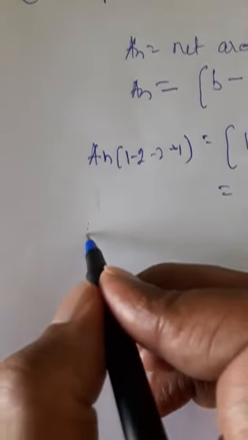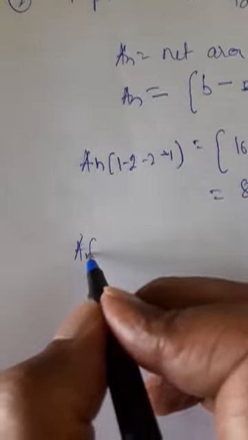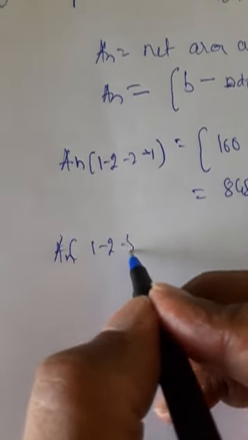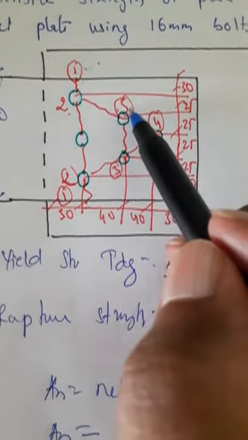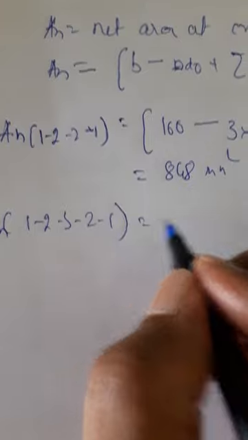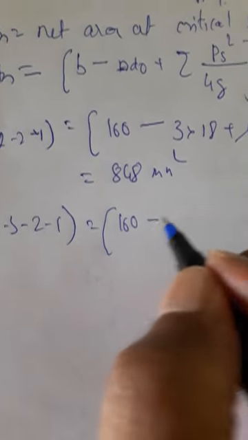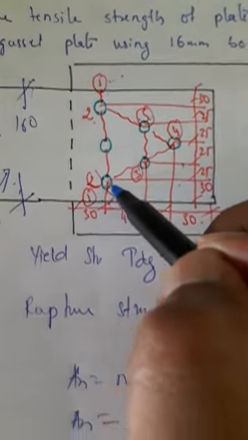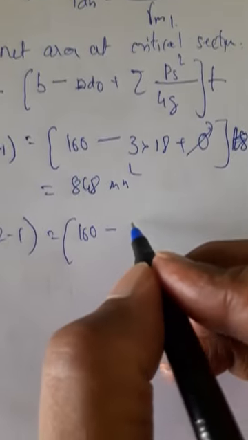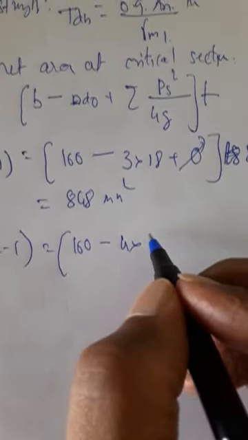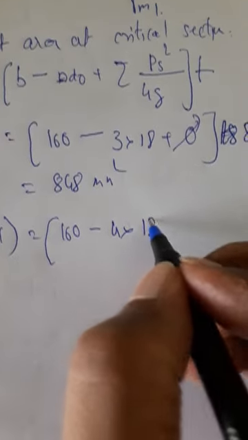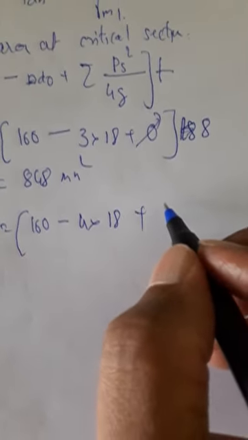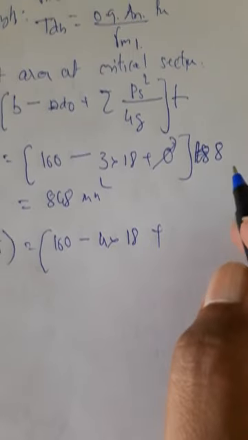Next, AN for 1, 3, 3, 2, 1. A section like this. So here B 160 minus N, number of bolt holes 1, 2, 3, 4, so 4 into D0, D0 is 18, plus the number of slant lines.